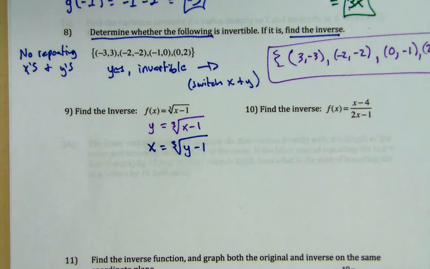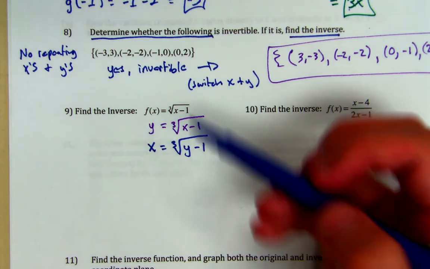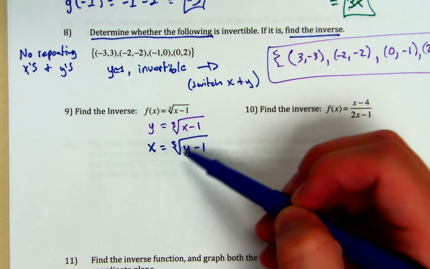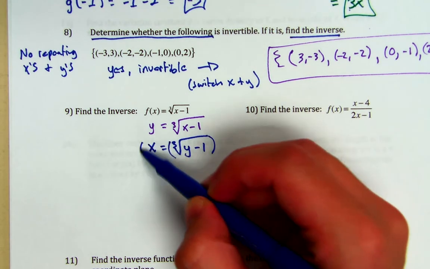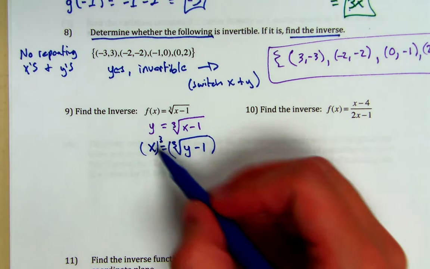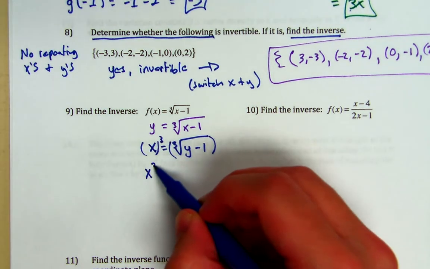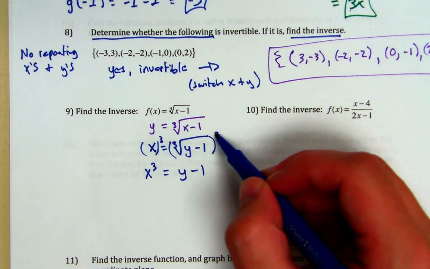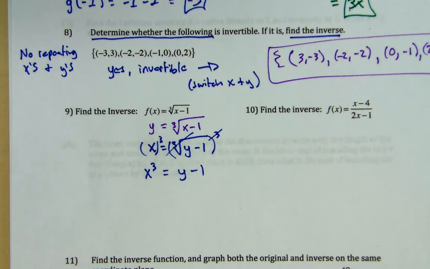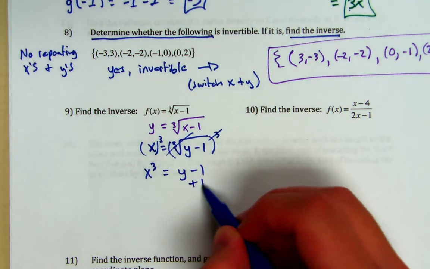If I want to get y alone in the end, that means that I need to do inverse operations to get y alone. To get rid of this third root, I need to cube all of the sides. So x cubed equals y minus 1, because cubing takes away the root. Finally, add 1.